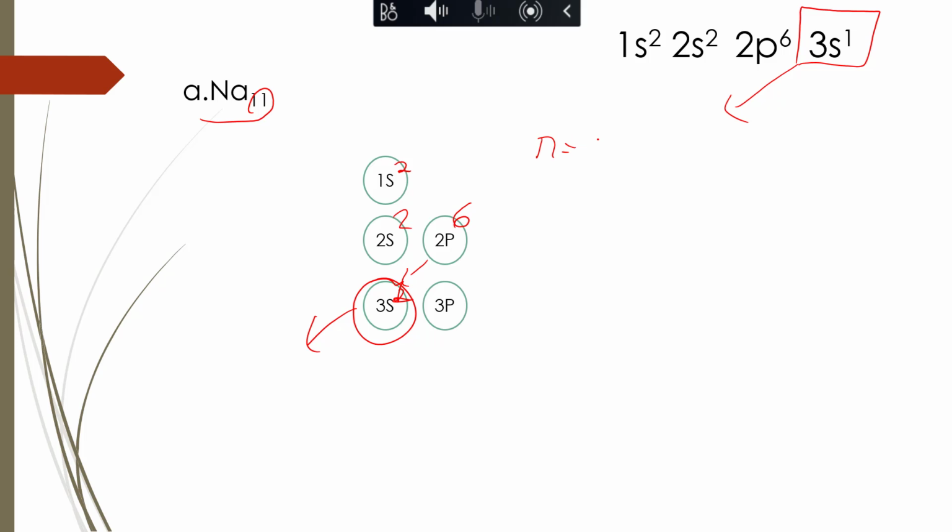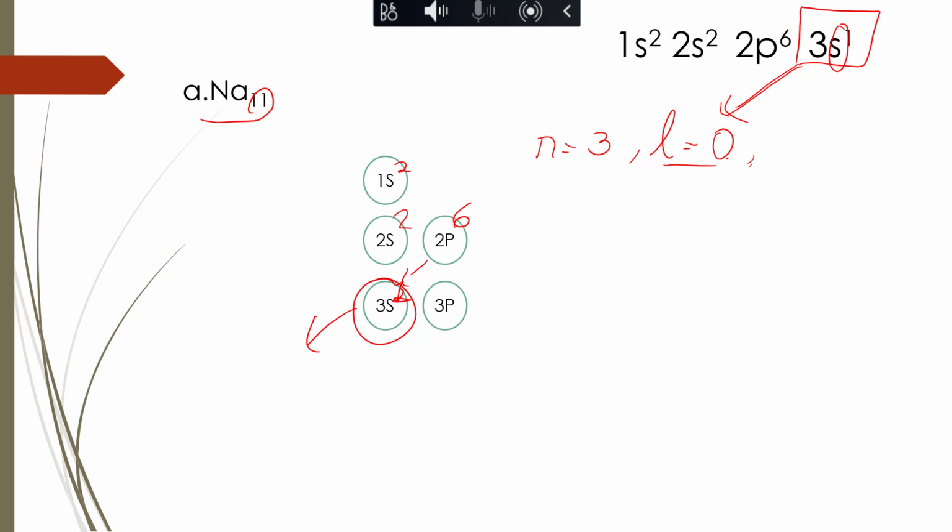While we ask for the quantum numbers of the outermost electron, we can show that this outermost electron has n, the principal quantum number, equal to 3, by the shell level.